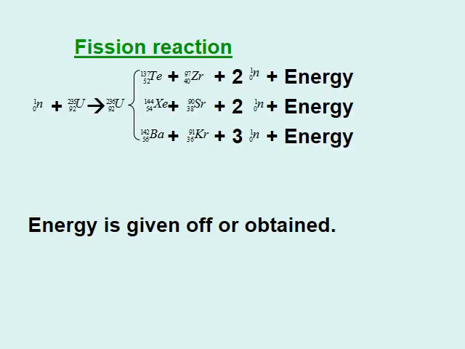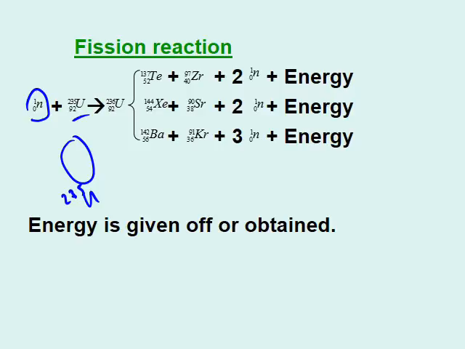In this slide, you're looking at fission reactions. Even though you begin with same uranium-235 nucleus, we're getting several different products. Neutron acts like a bullet because that causes this breakdown of this nucleus.